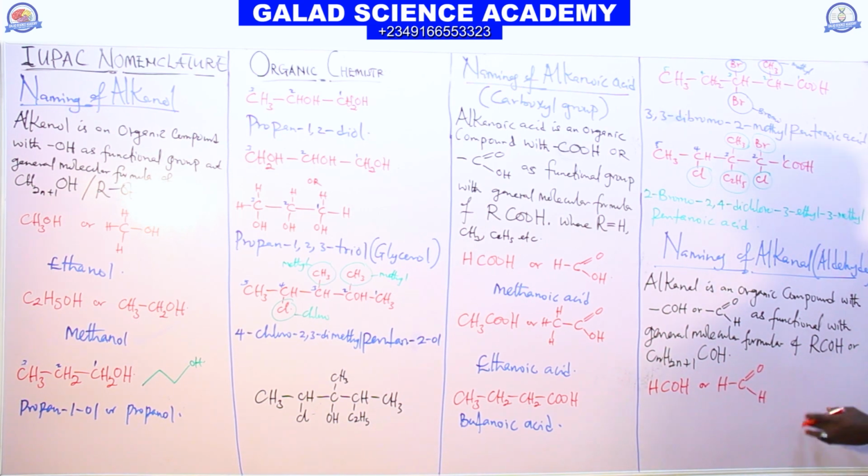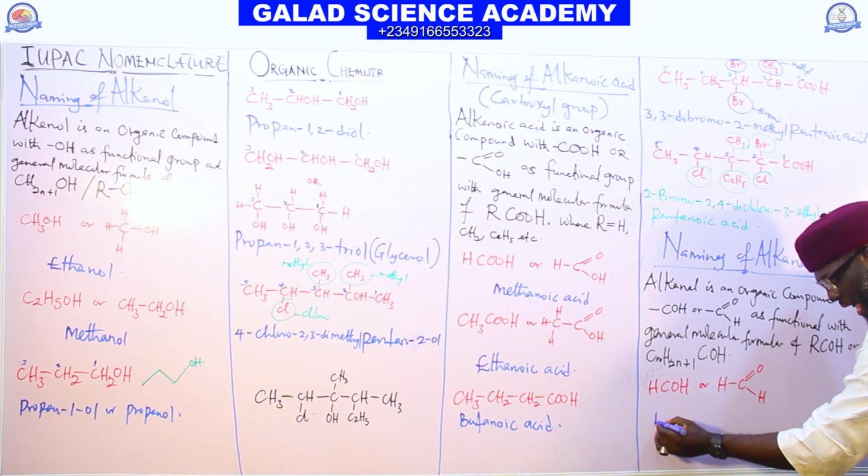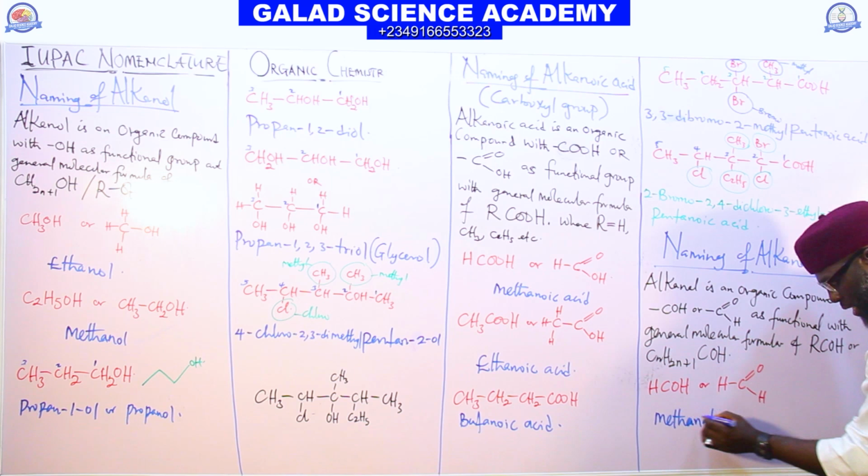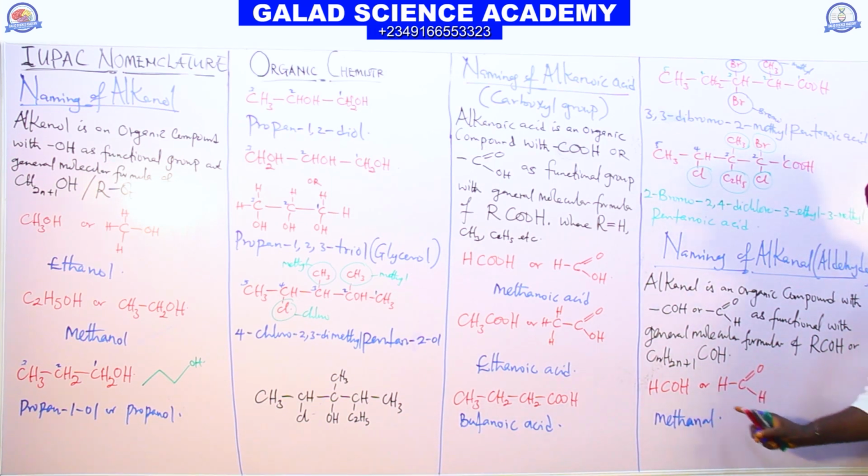Can you see it now? The name of this compound is what we call methanal. Methanal. It's not an alcohol. You can see the OH; it's alcohol when the OH are together.